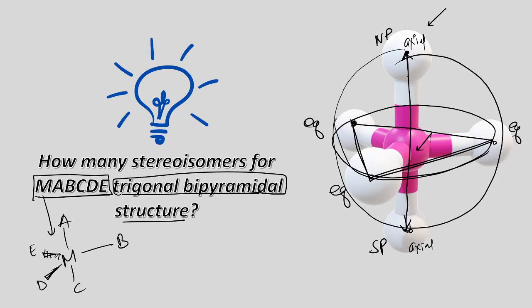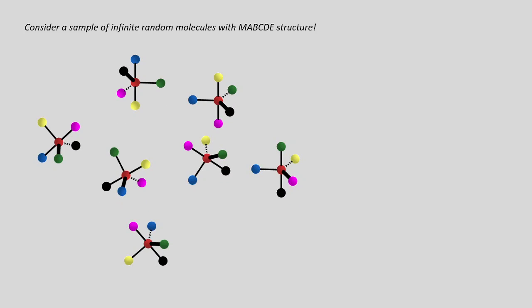Let's get to it. Let's first start thinking like you have an infinite array of these random molecules, and you have to figure out how many different molecules are possible, and all of them are MABCDE kind, and they are in trigonal bipyramidal geometry. And the first step is in all of these molecules you will have to identify the axial atoms.